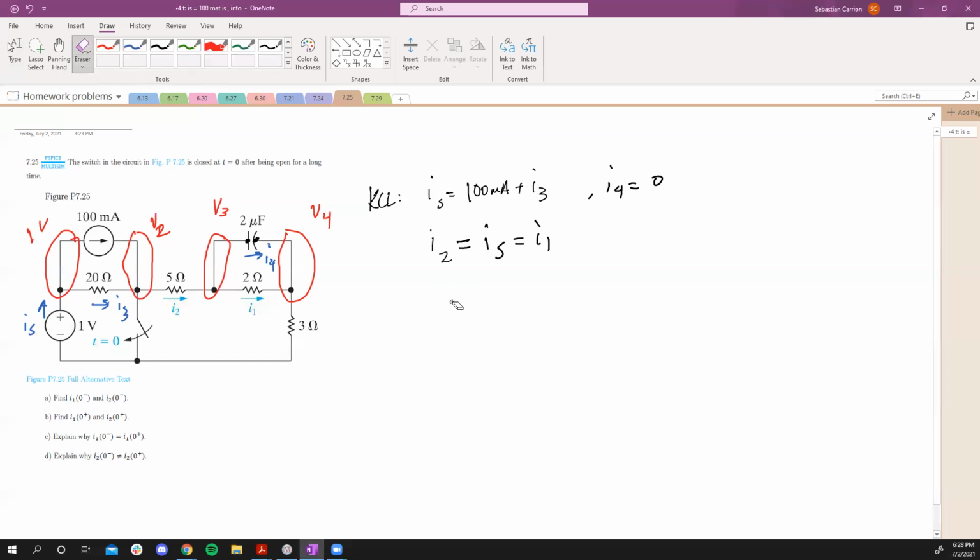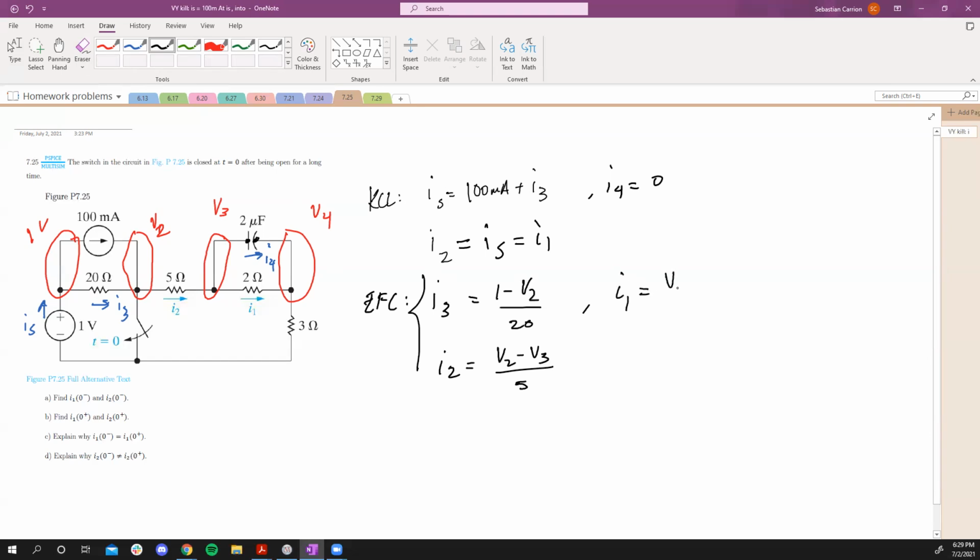Let's start with I3, going left to right. I3 is equal to 1 minus V2 over 20. I2 is equal to V2 minus V3 over 5.